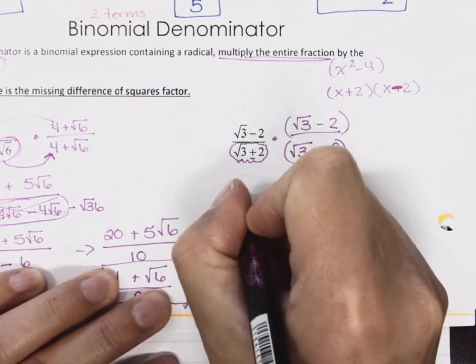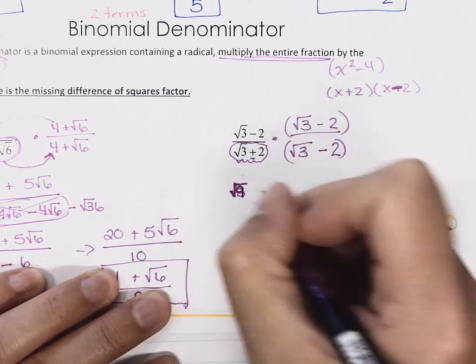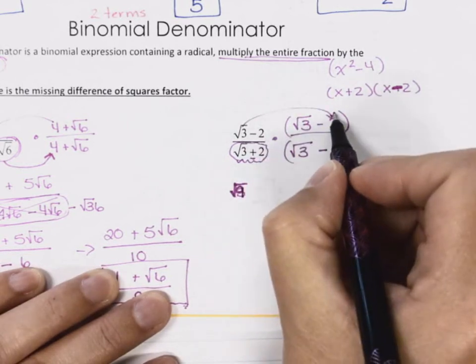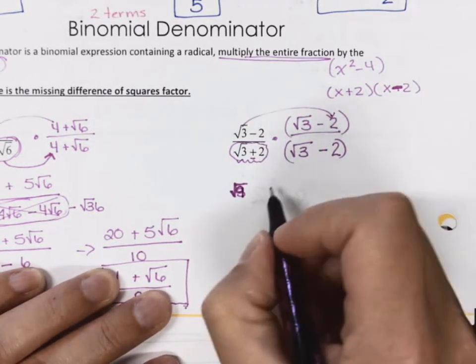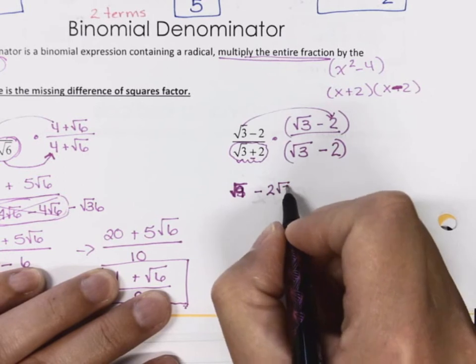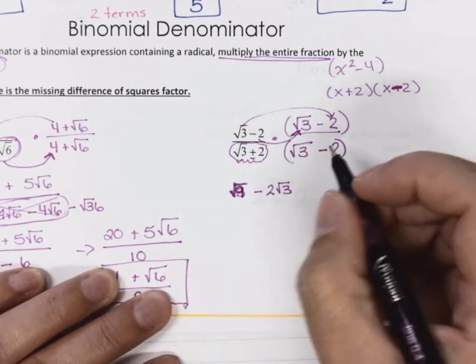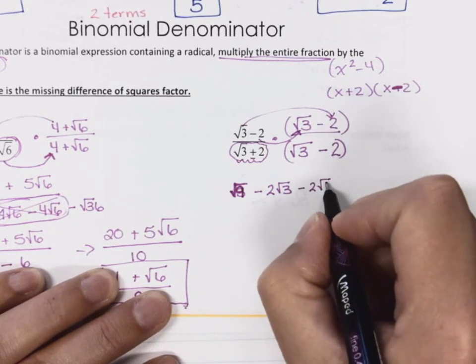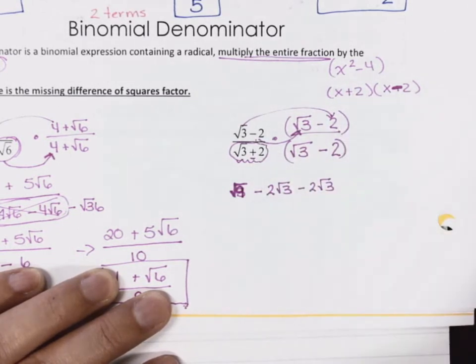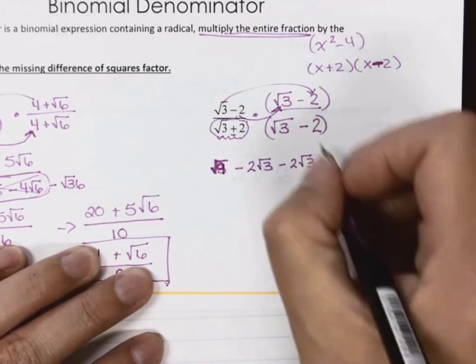Oh, kind of hard. I say it and then I don't write it down. Root 3 times a negative 2, negative 2 root 3. And then negative 2 times root 3, negative 2 root 3. And then I have a negative 2 times a negative 2, positive 4.